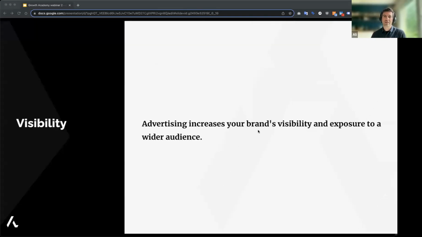Advertising can increase the exposure to your brand and to your product simply by reaching people through advertising channels such as, let's say, search engines, social media platforms, or display networks. One can generate more awareness and attract potential leads who may not have been aware of your offering otherwise. And this gives us a very, very wide range of opportunities using advertising.